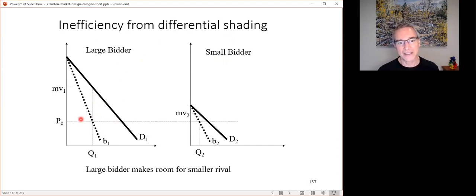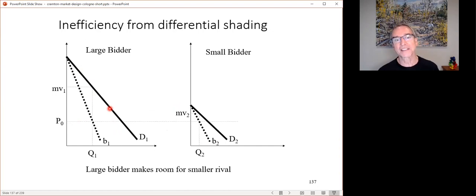And so if we look at this, in fact, given this demand curve for the large bidder and the demand curve for the bidder two, the efficient outcome would actually be, so if we want to award to the highest marginal value, well, notice, right, this is where the small bidder starts demanding. And at that point on the demand curve of the large bidder would be consuming more than Q1 plus Q2, the total supply that's available.